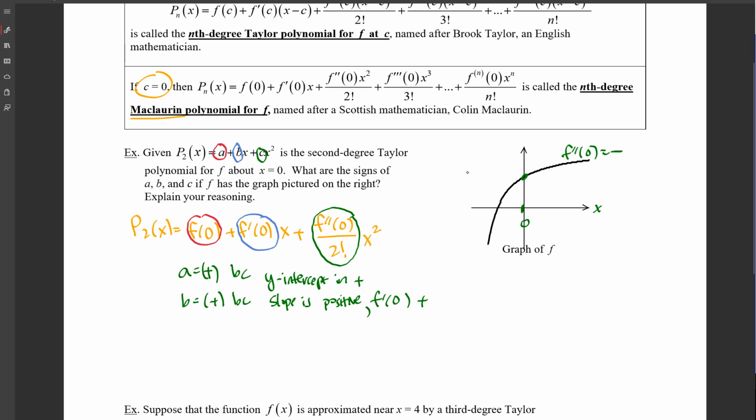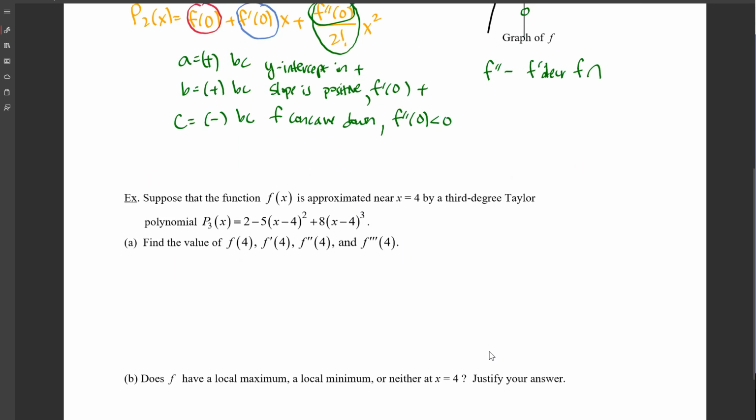So remember, when f double prime is negative, f prime is decreasing, and f is concave down. All right, so if f is concave down, this second derivative is actually negative. 2 factorial is positive, okay? So c is actually going to be negative. Why? Because f is concave down. Or you could say the second derivative at 0 is actually negative. Okay, so that's important to understand. Let's look at another problem.